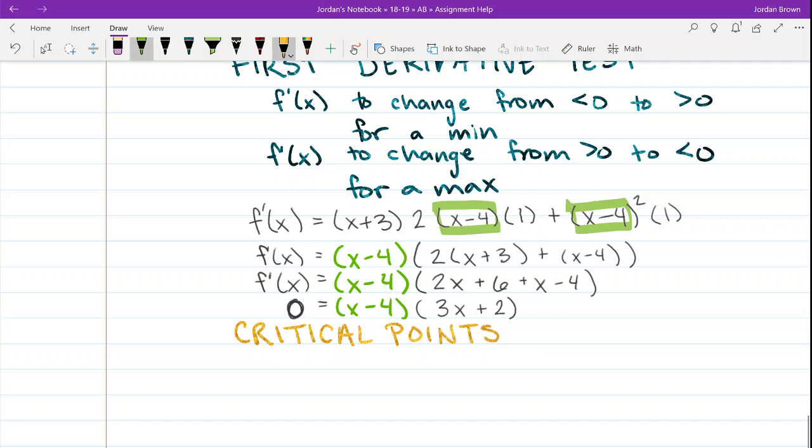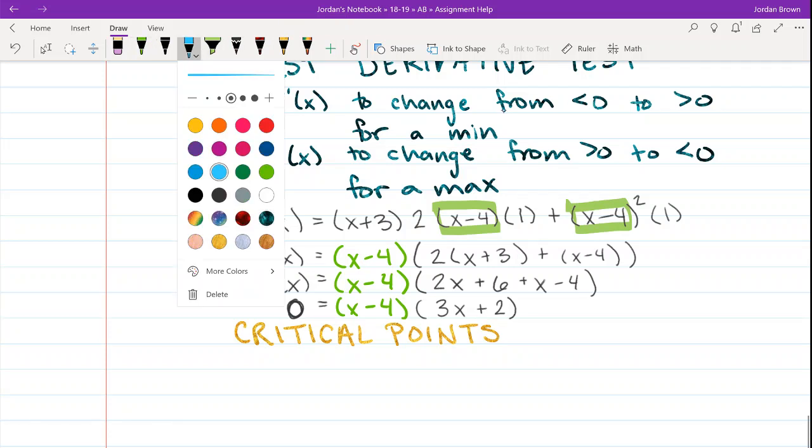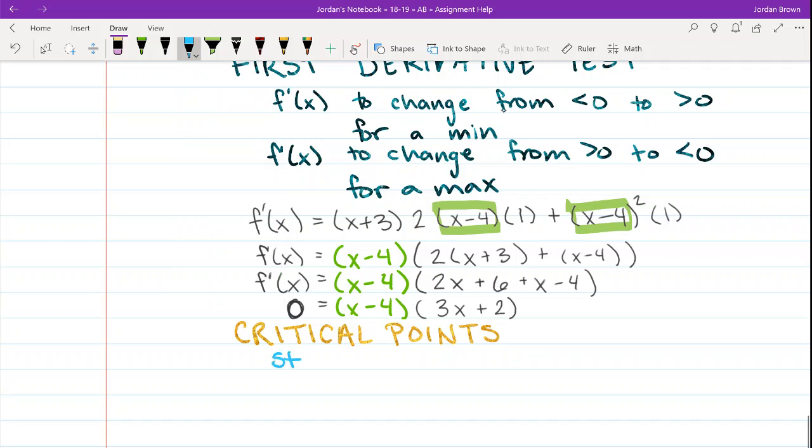Okay, and the difference, because I know I'm about to get this question asked, between critical points and stationary points: stationary points are the x values for which f prime is equal to 0.